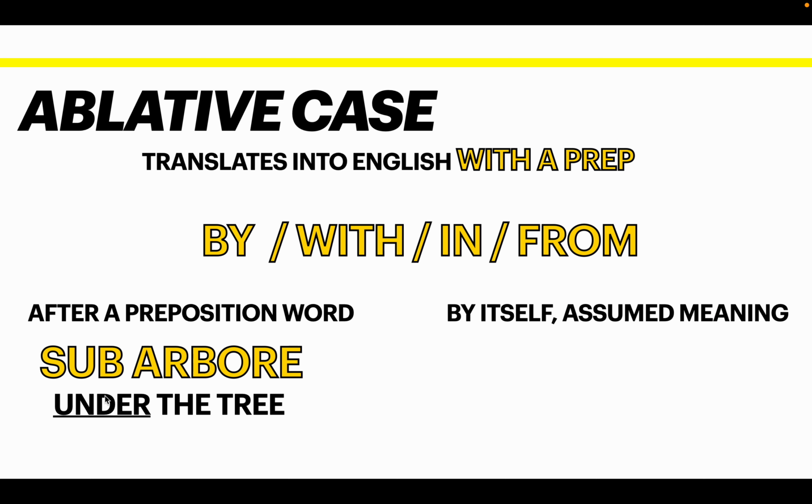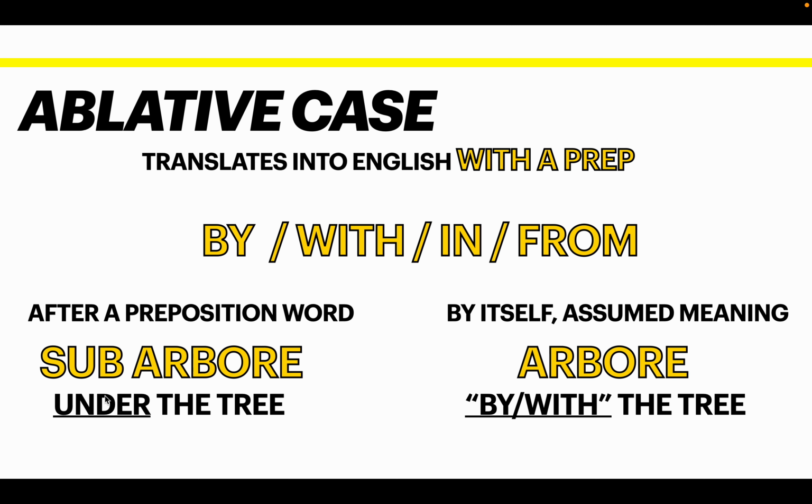There's another way to use the ablative case when it's by itself and we assume the meaning of the word. There's no preposition actually placed in front of this word. It might look something like this: arbore. Notice how the sub here is missing. When the ablative case stands alone, this is when we give it that by, with, in, or from assumed translation.